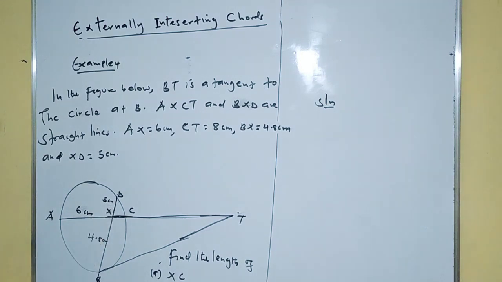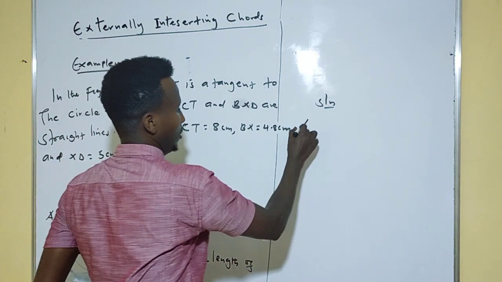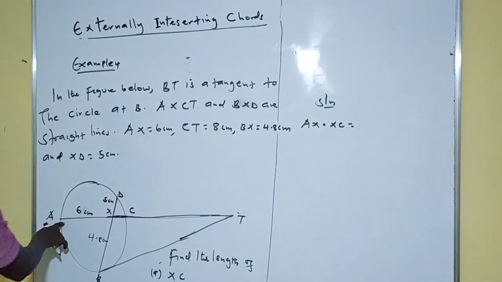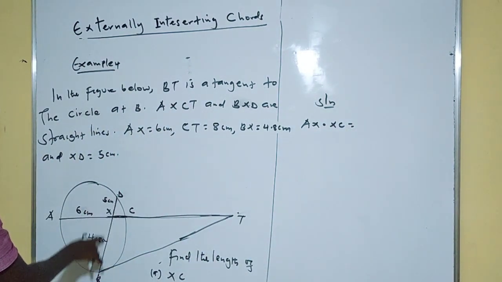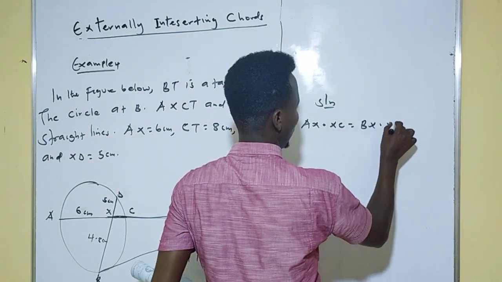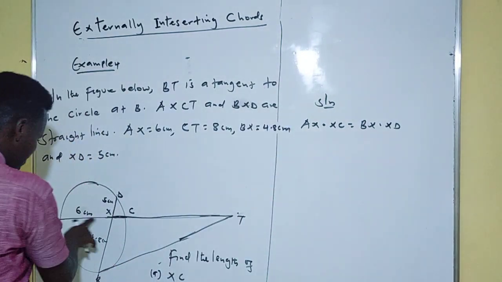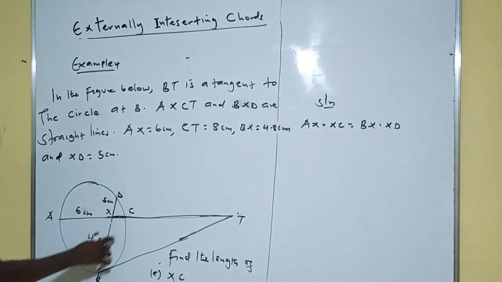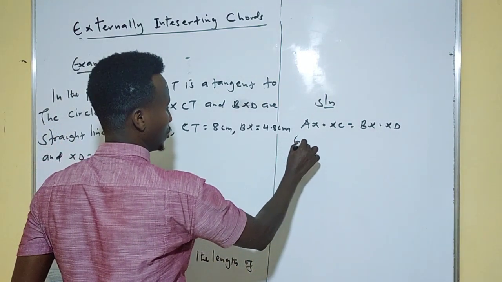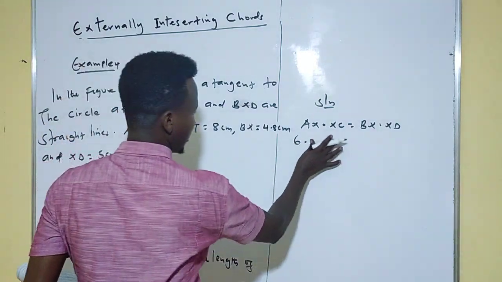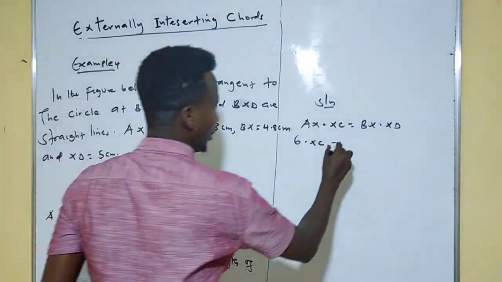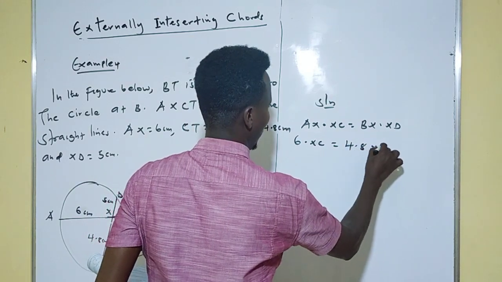Let me get this one. So I'll say AX dot XC is equal to BX dot XD. So I will have 6 dot XC, because I don't have XC, is equal to 4.8 multiplied by 5.